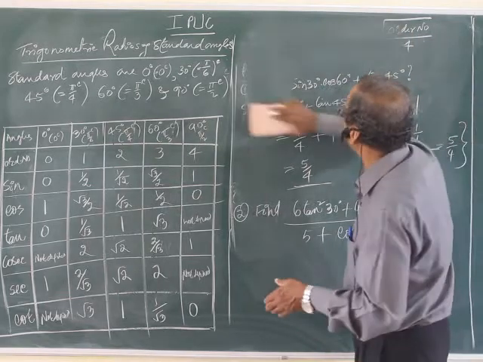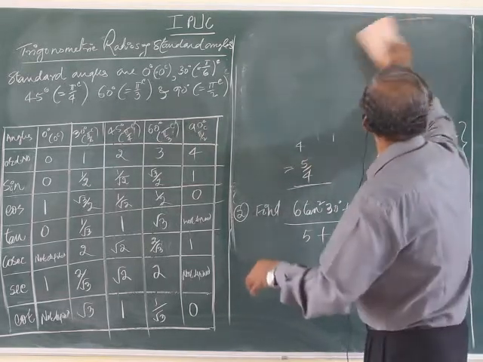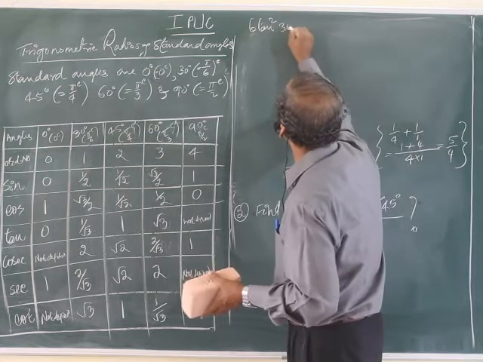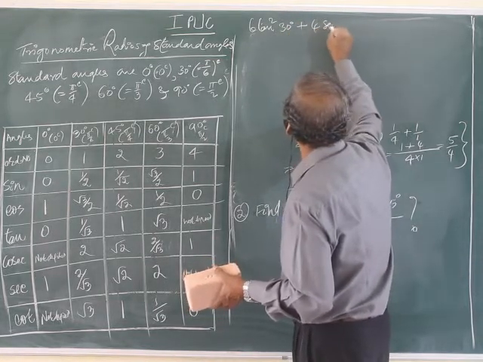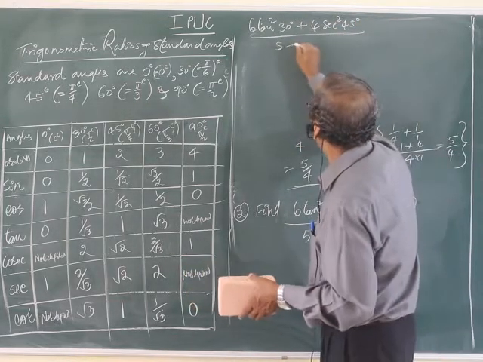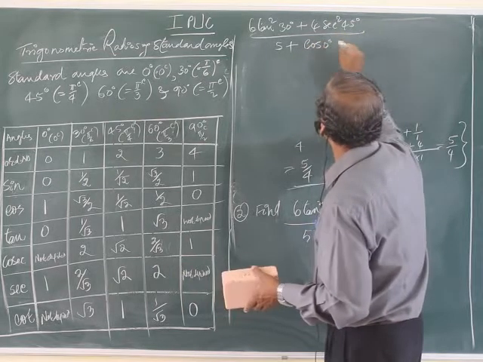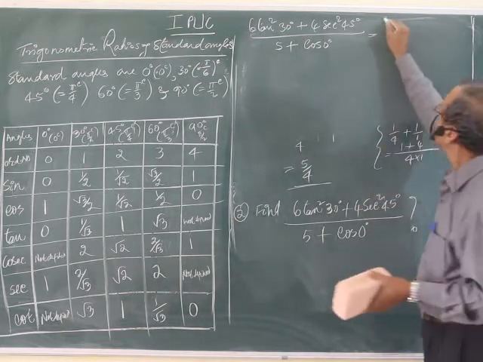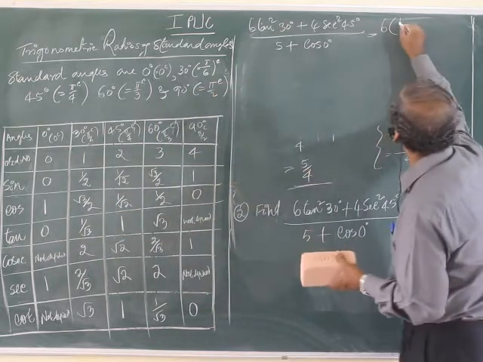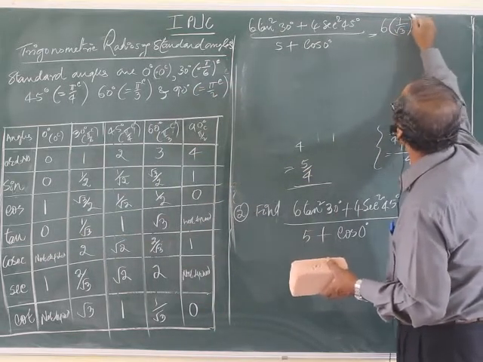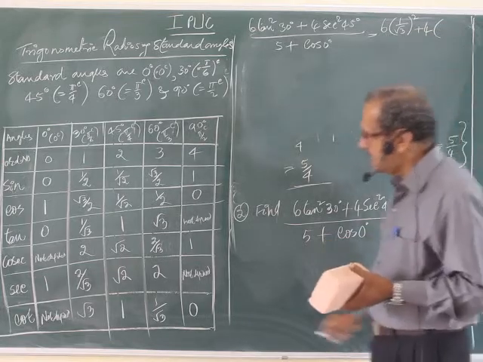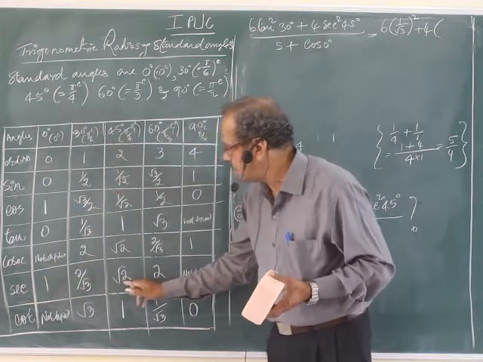Let me write here, in order to maintain that chart. 6 tan square 30 degree plus 4 secant square 45 degree divided by 5 plus cos 0 degree equal to, careful, 6 into tan 30, 1 by root 3, but tan square is there, remember, so 1 by root 3 square. 4 into secant 45, root 2.